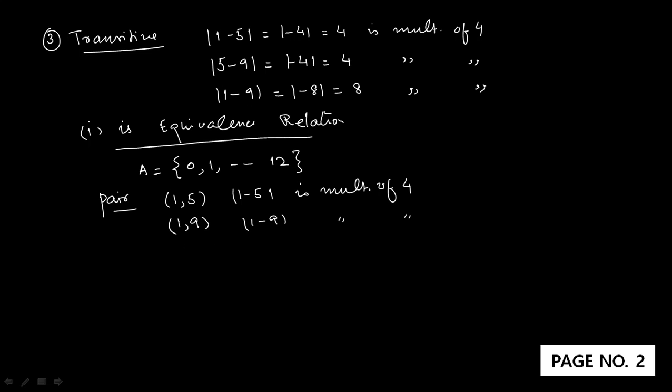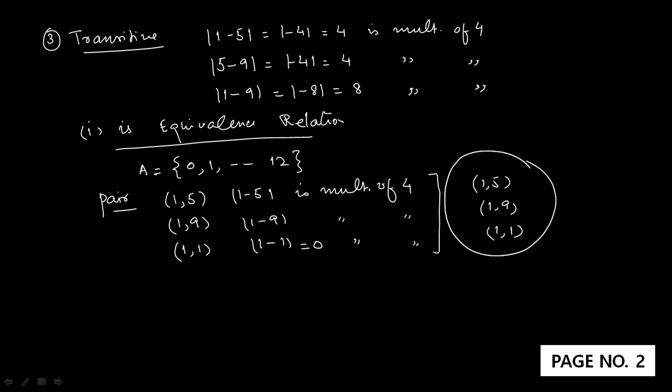You can write third category (1, 1) because 1 minus 1 is equal to 0, which is a multiple of 4. These are the three pairs: (1, 5), this one is the final answer, (1, 9) and (1, 1). These are the three pairs including 1.